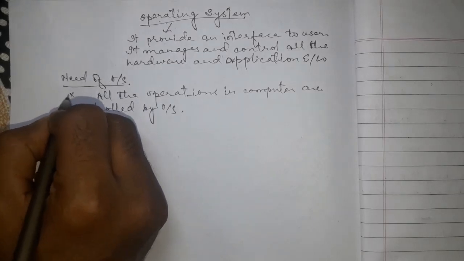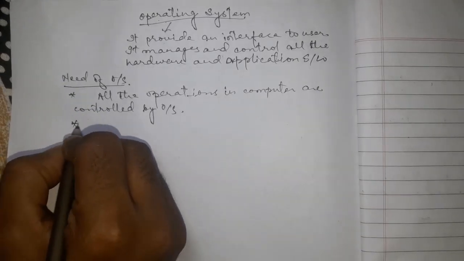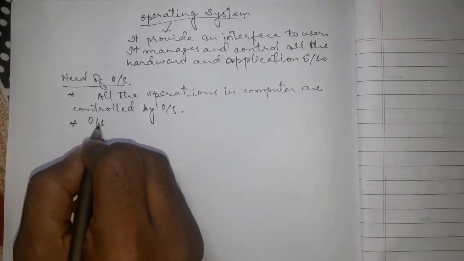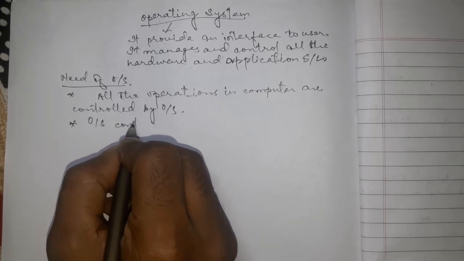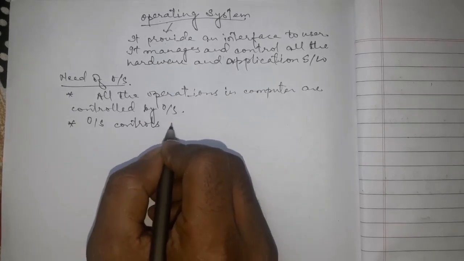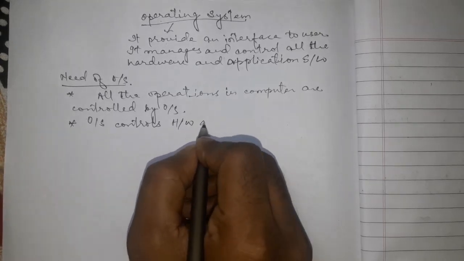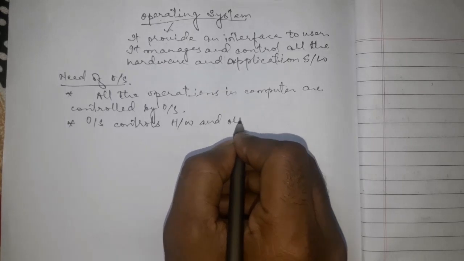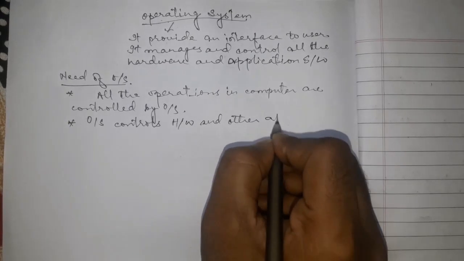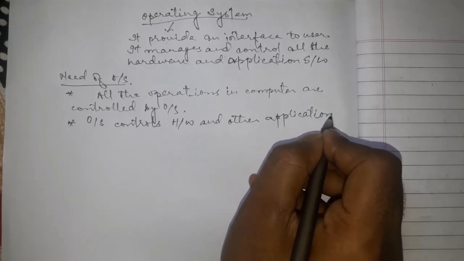This is the first point why we need operating system. Secondly, the operating system controls hardware and other application software.